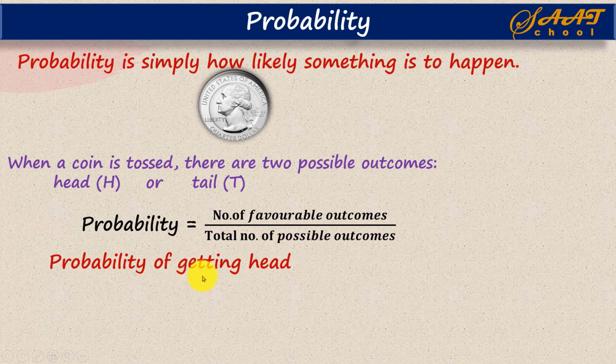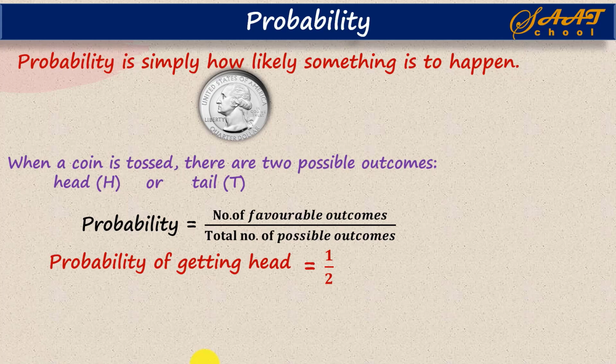Here only one head is there in a coin. So favorable outcome in this case is 1. As we know, there are two possible outcomes when a coin is tossed, that is head or tail. In this case, possible outcomes is 2. Now probability of getting head would be 1 by 2.